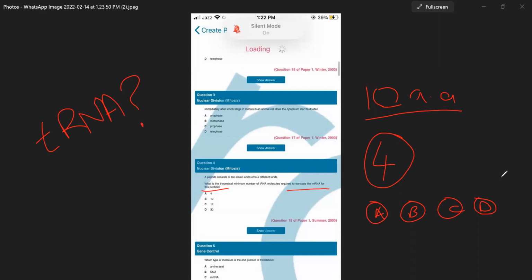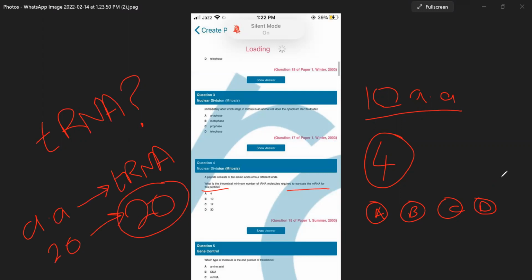Translate the mRNA for this peptide simply means, give me the number of tRNA that will be carrying the amino acids for this translation process to occur. And I told you, each amino acid needs 1 tRNA. Since in nature we have 20 amino acids, we have 20 tRNAs, not more, not less. So for 4 different amino acids, how many tRNAs do I need minimum?